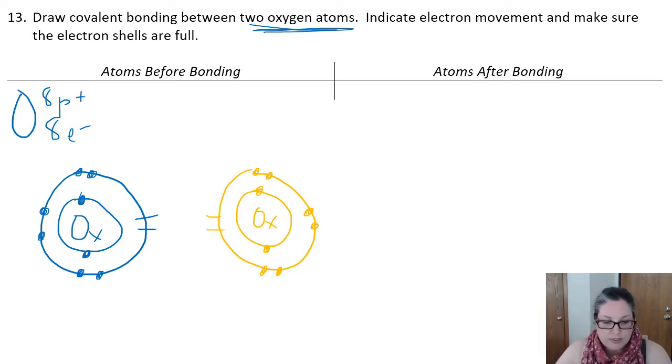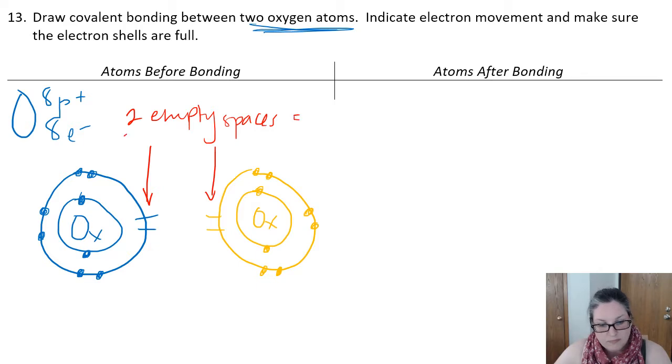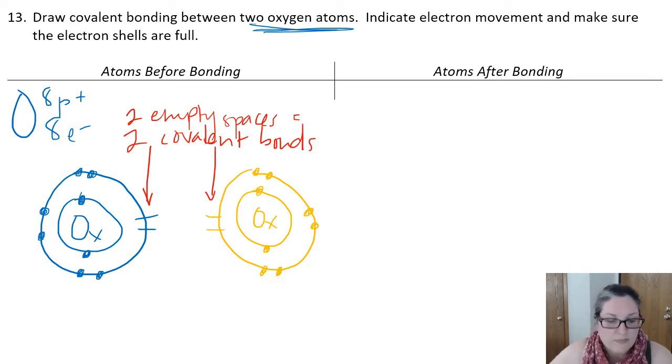So both of these oxygens now have 2 empty spaces, which means they can each make 2 covalent bonds. Ooh, that's bad handwriting. You get the idea though.